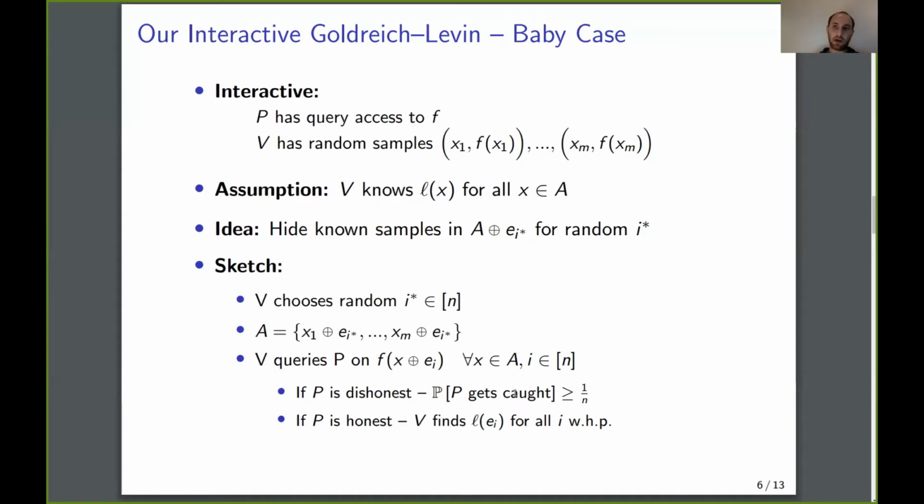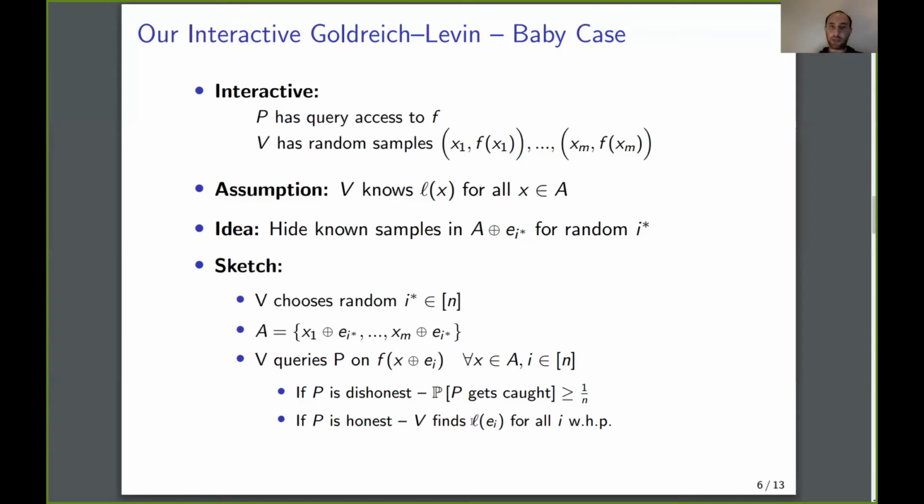And if it lies on a member of A plus e_i-star, then it gets caught because the verifier knows all the labels for the samples it took. So if the prover is dishonest, it gets caught with probability at least 1 over n. And if it's honest, so if it gives the correct evaluations for all the x's it's queried on, then the verifier is just running the algorithm proper, the way it should run, and therefore it will find the right function L and find the right set F and so on.